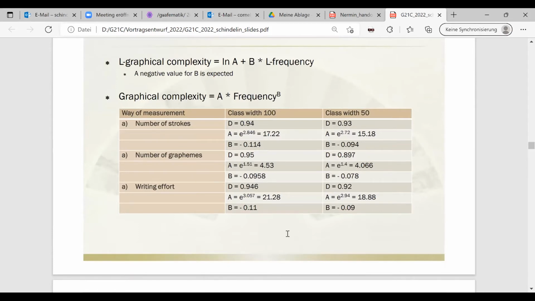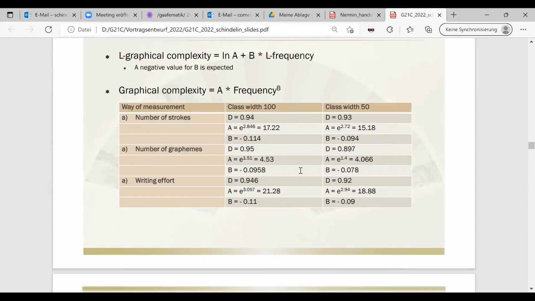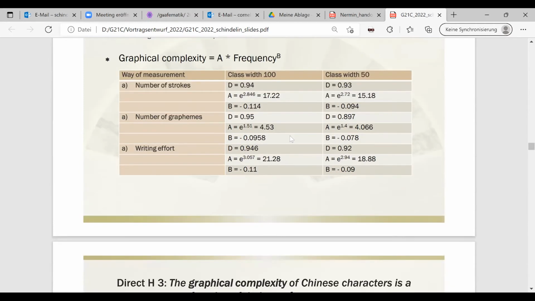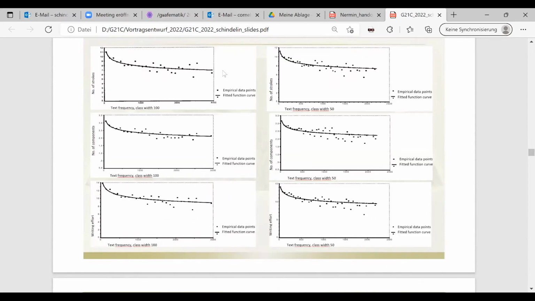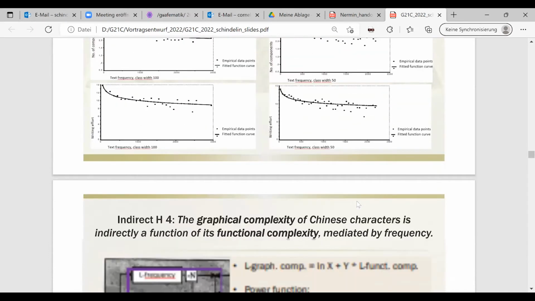I also had to class for frequency to make the data feasible for regression, and I classed the data in frequency windows of 100 and of 50. And so we have a bunch of results, but the goodness of fit was very good in each case. Here we see again the 6 curves, with the data points scattering around them, but as I said, with satisfactory goodness of fit.